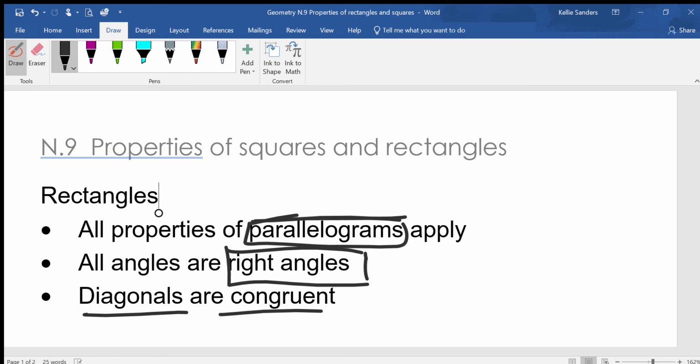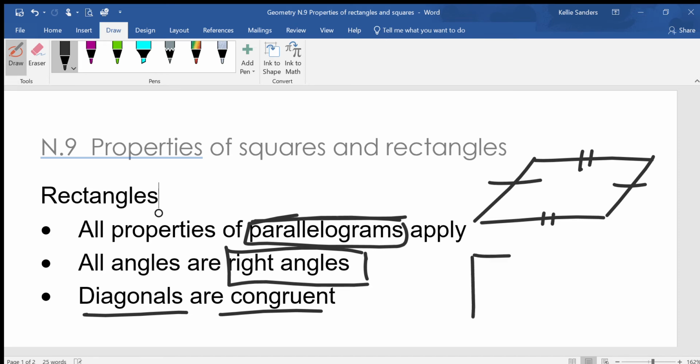So what I'm saying is, here is your normal parallelogram. Opposite sides are congruent. Here is a parallelogram. Opposite sides are congruent.